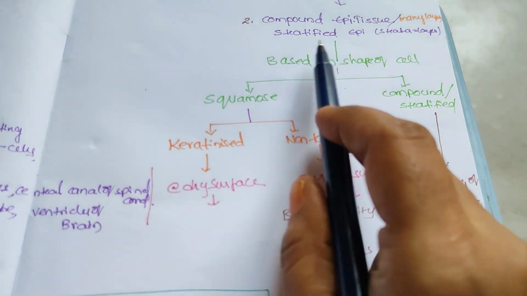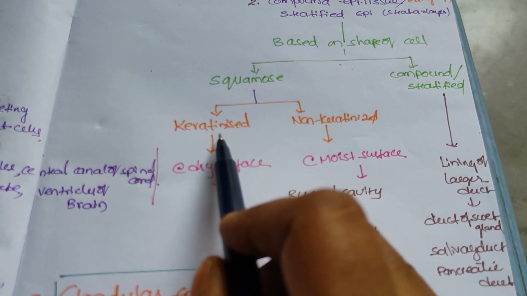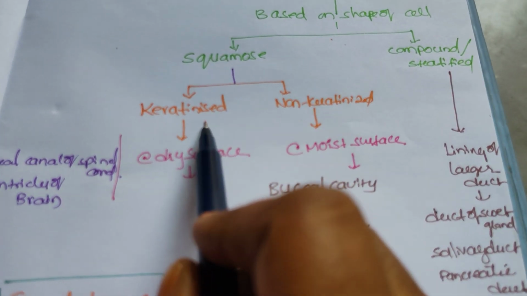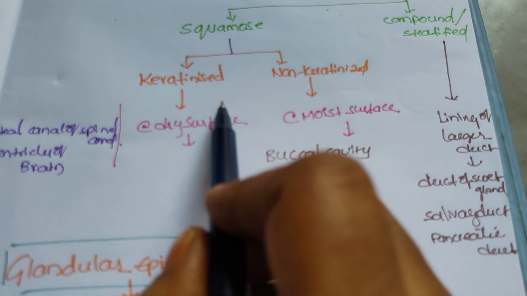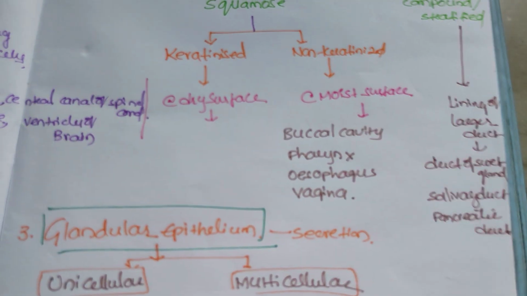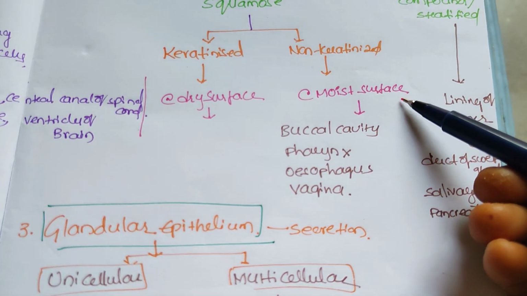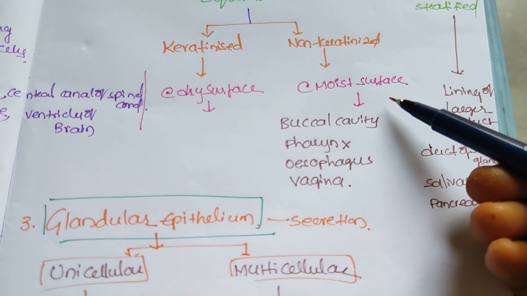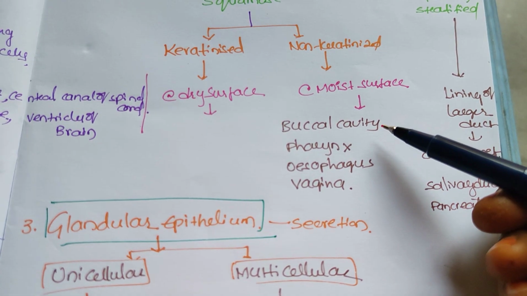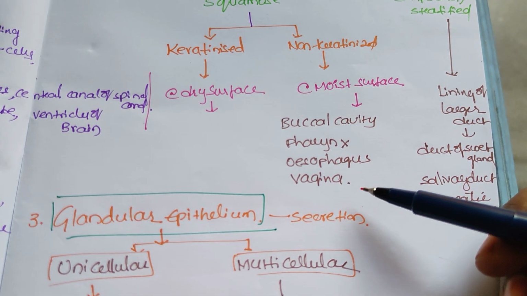Squamous is again divided based on keratin into keratinized and non-keratinized. Keratinized is located on the dry surface of the body. Non-keratinized is located at moist surfaces, means wet places, for example buccal cavity, pharynx, esophagus and vagina.